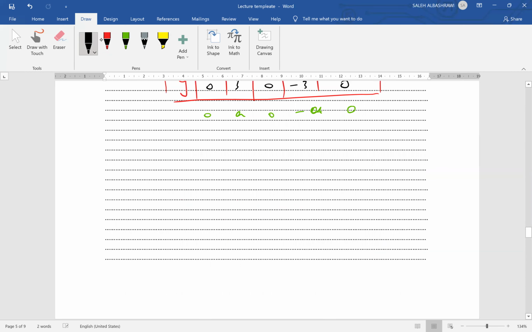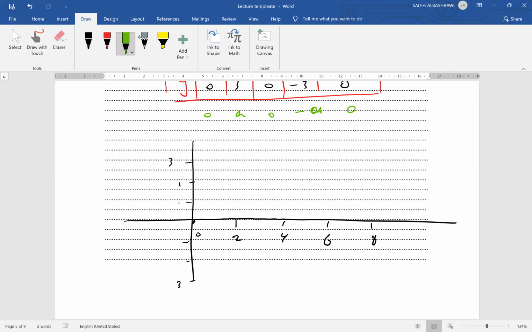So the graph of this function will be: the partition of the points will be 0, then I have 2, then it is 4. It is 0, 1 delta, 2 delta, 3 delta. That will be 6. 4 delta is 8. The amplitude is equal to 3, and it will be 3 down. That is 0, the first point.